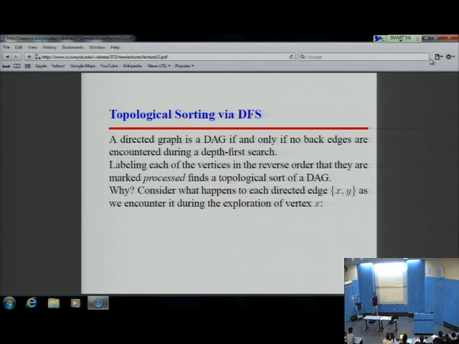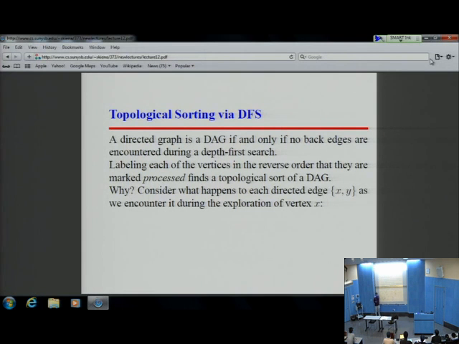Do you believe that analysis? Now that analysis is correct, but it's actually a little sloppier than it has to be. A way to count the work, we always are safe if we say there are n steps, each of which takes order n. That's an upper bound. But another way to look at it is to note that the number of times we go through this loop is really not n, but the degree of that vertex.